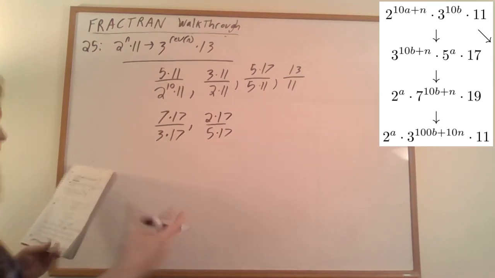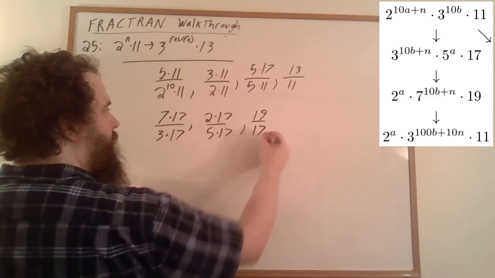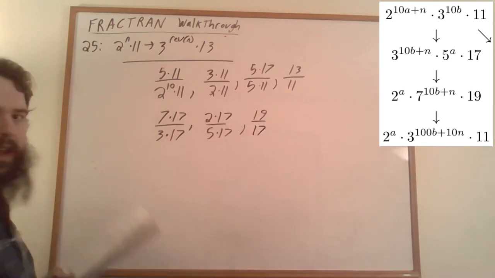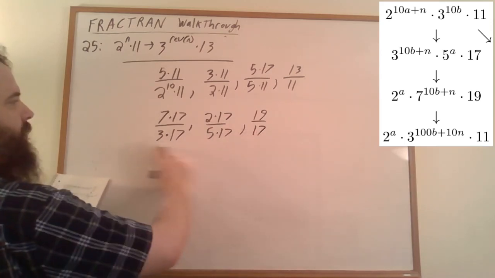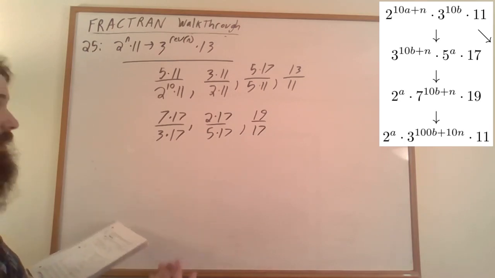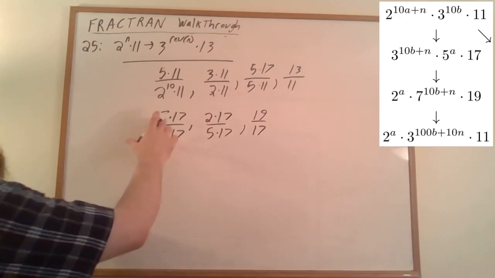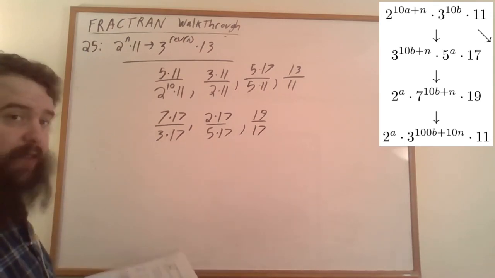And once we've finished those processes, there aren't going to be any 3's or 5's left. And so what fraction do we want to apply? Well, we want to switch into state 19, so we'll get rid of the 17 and we'll add a 19 in order to do that. And again, this fraction will only activate once these 2 fractions have done their thing. In state 19, we wanted to move the values out of the 7's register back to the 3's register, but multiplying by 10 when we did so.